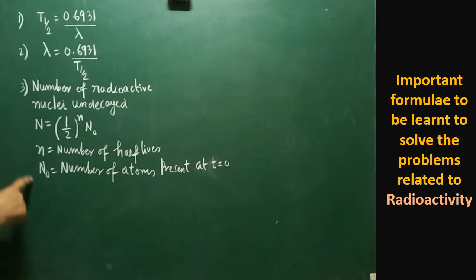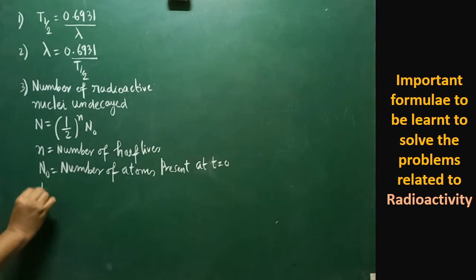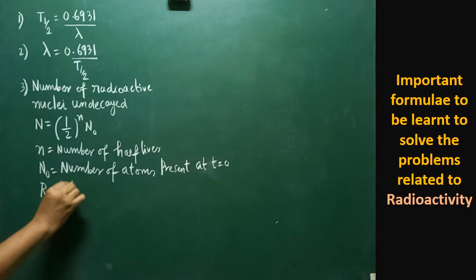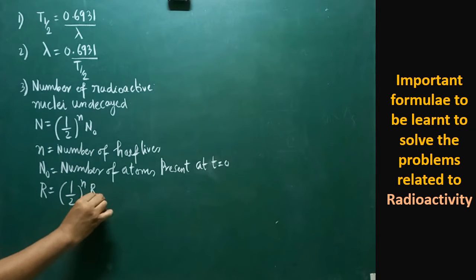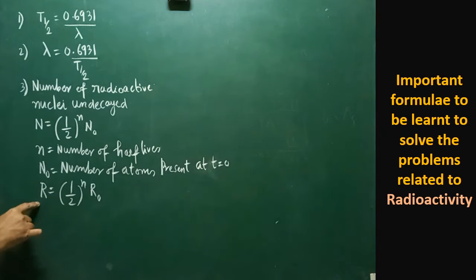The same kind of formula can be written in terms of activity. Here R is equal to half power of n into R naught. Here what is R? R is called activity.